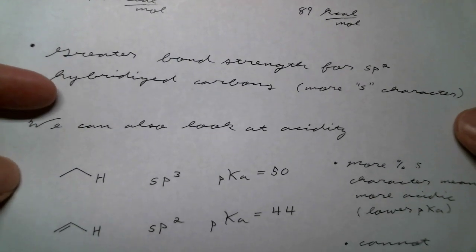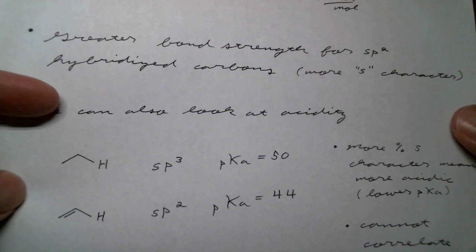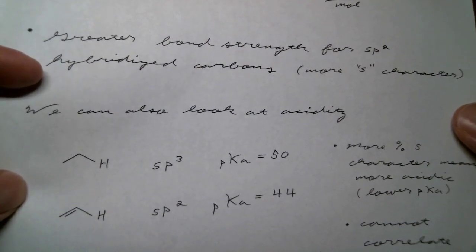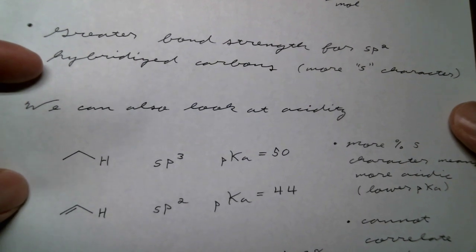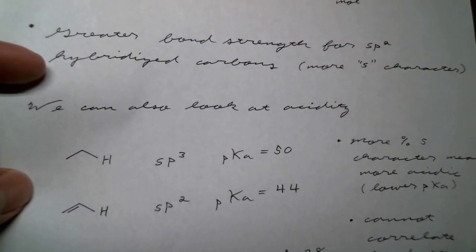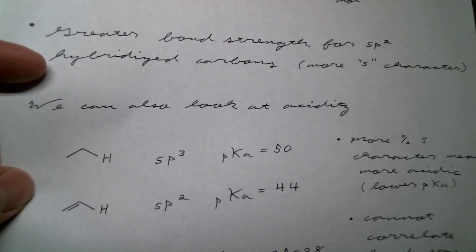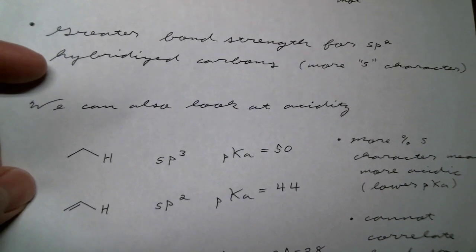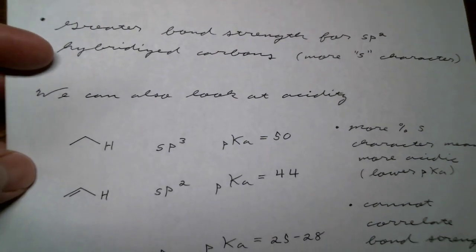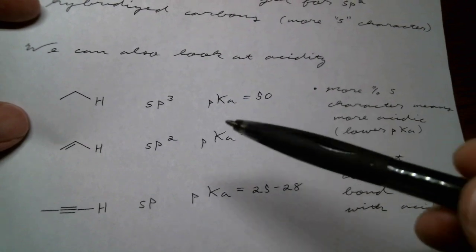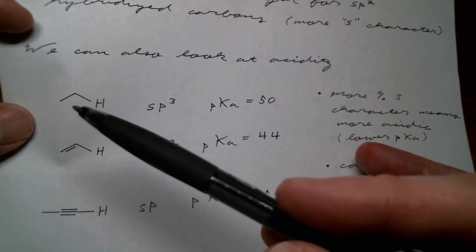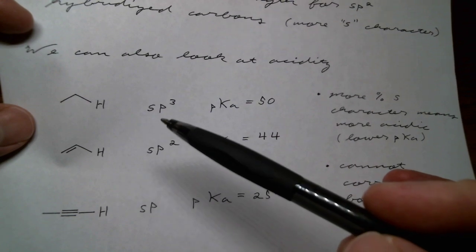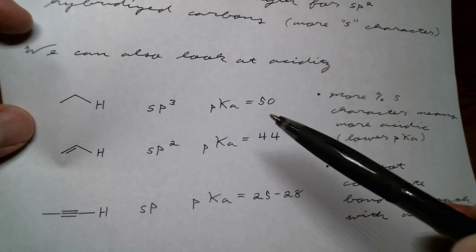Now we have to remember that acidity is a different kind of breaking of bonds. It's heterolytic breaking of bonds because one atom ends up with both electrons as opposed to splitting the electrons in the bonds. So in terms of acidity, our alkane, our sp3 hybridized carbon, that's got a pKa of 50.